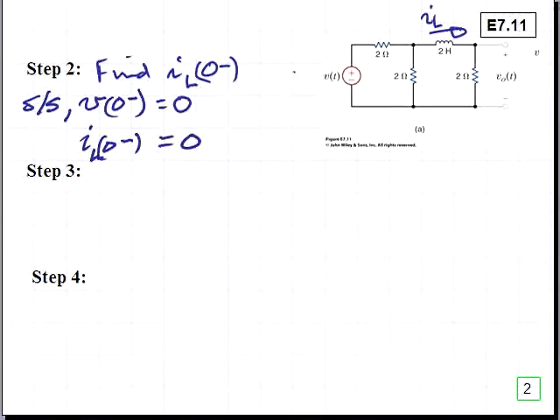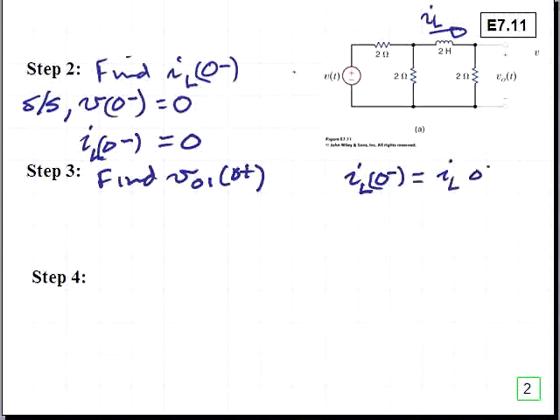In step 3 we want to determine the initial value of our output variable, that is vO1 of 0 plus. We're going to use the continuity condition for the inductor, that is iL at 0 minus is going to be iL at 0 plus across that switching episode, and therefore vO1 at 0 plus.